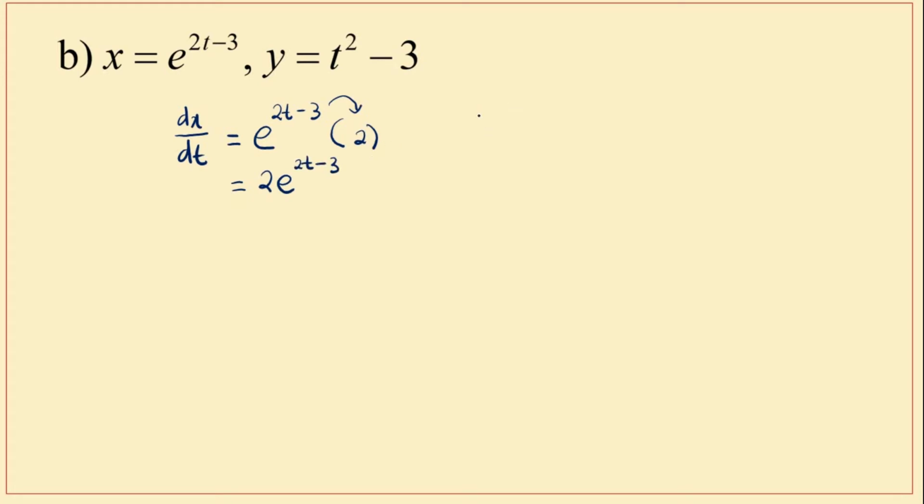Next, for our y equation, the derivative will be dy over dt equal to 2t. Now we substitute each term into our chain rule. So dy/dx equals dy over dt times dt over dx. Substitute one by one.